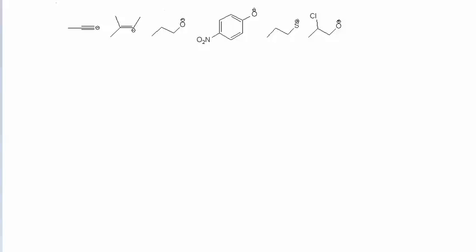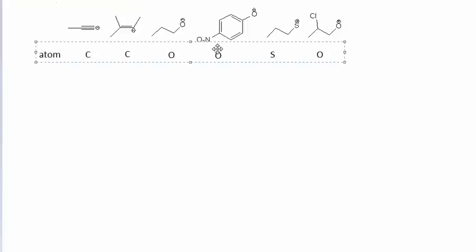As far as atom goes, these are delocalized on carbon. This is on oxygen, oxygen, sulfur, and then oxygen. Here, most of them don't have resonance except for this one here, which has the benzene ring and what is called a nitro group over here.